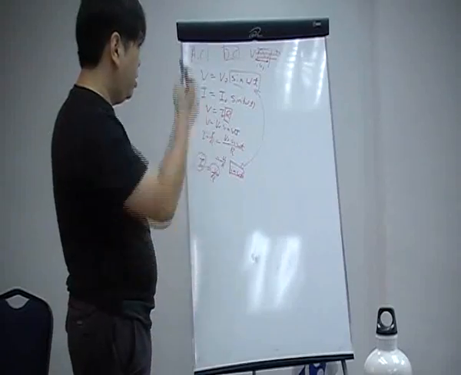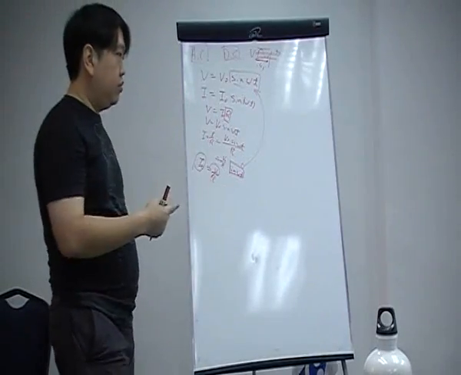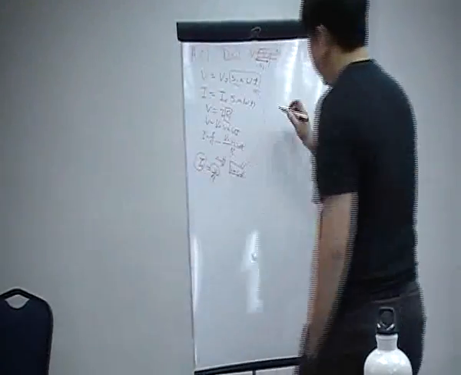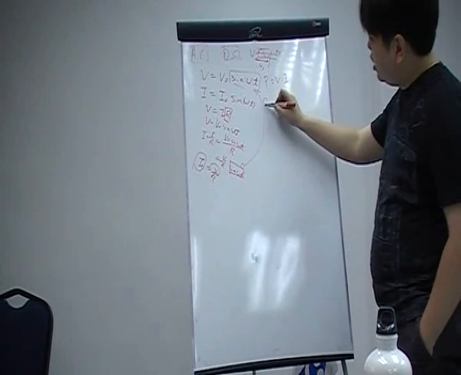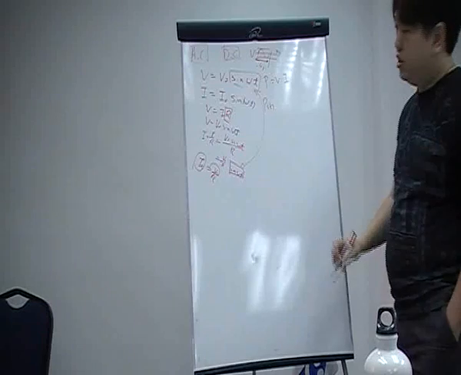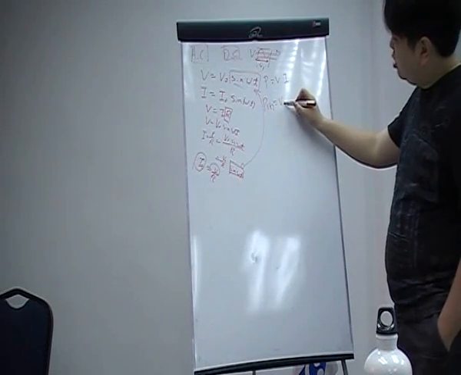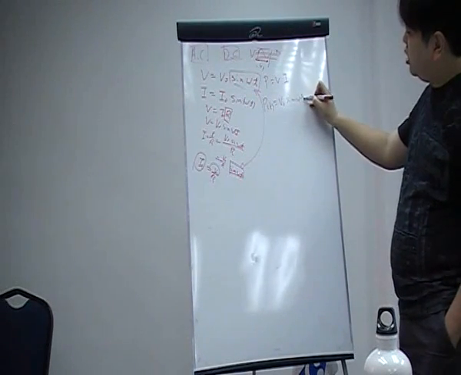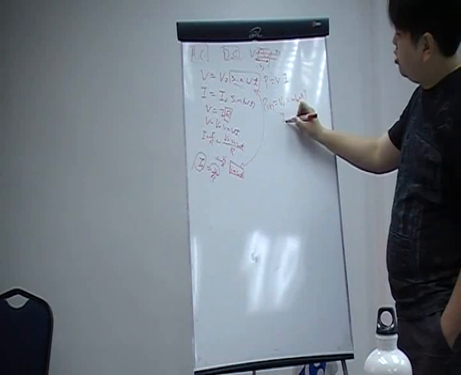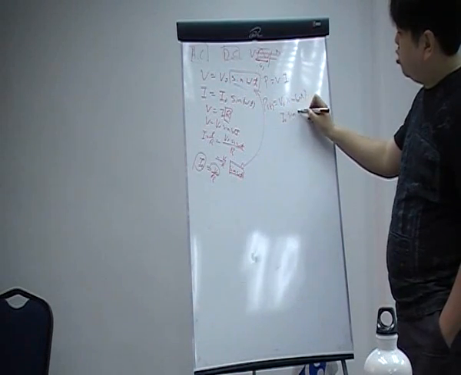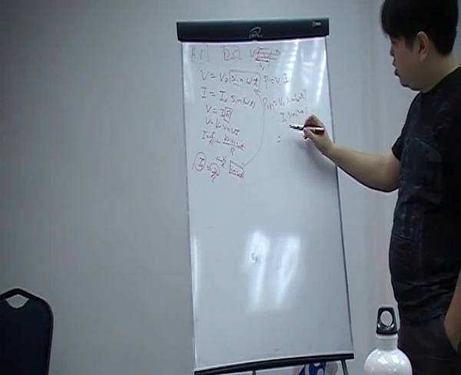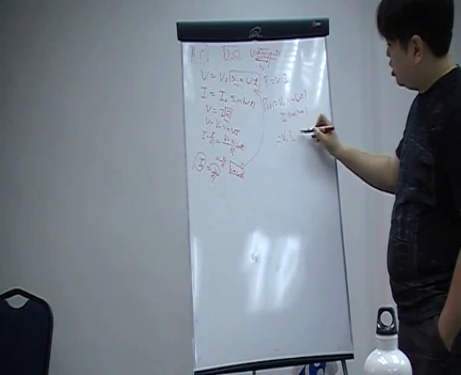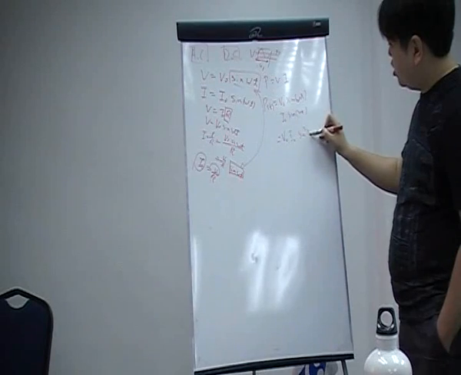Because of this, take a look at this. Interesting. Talk about power. Power is equal to VI. So power at any time is V naught sine omega t times I naught sine omega t. Therefore, it's V naught I naught sine square omega t.